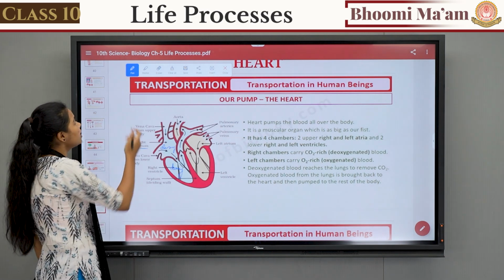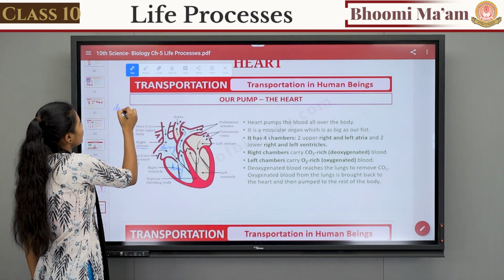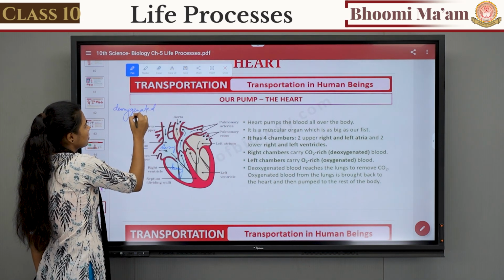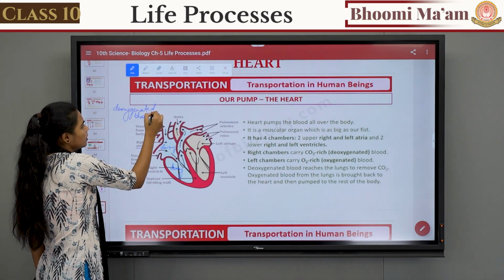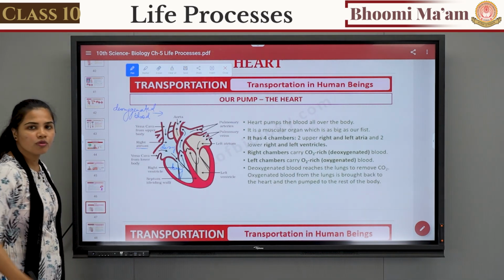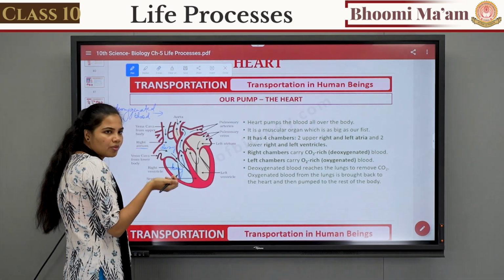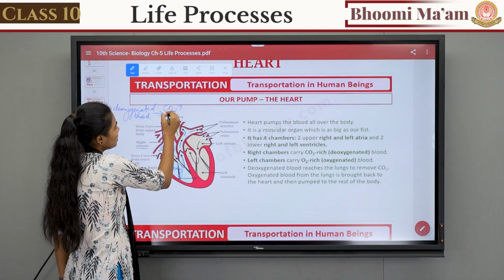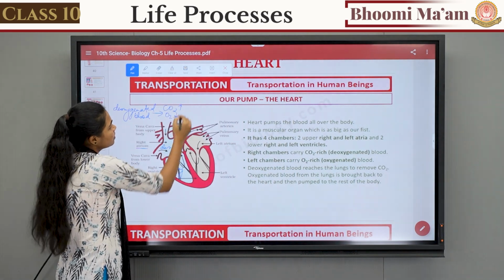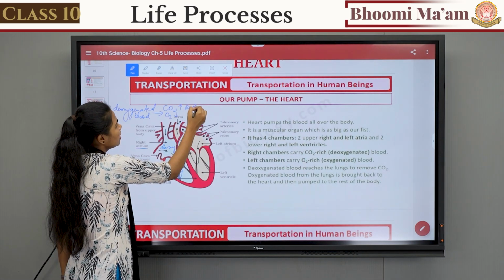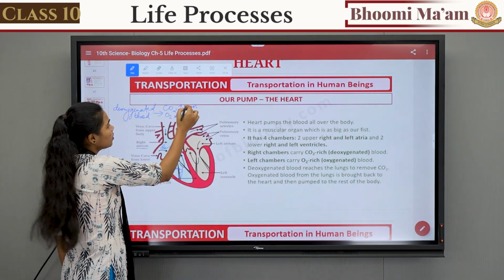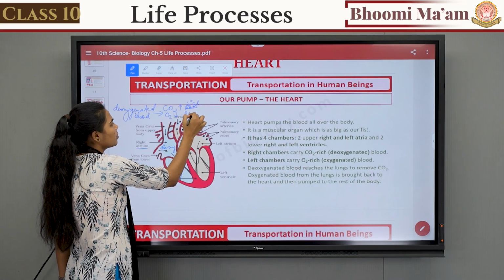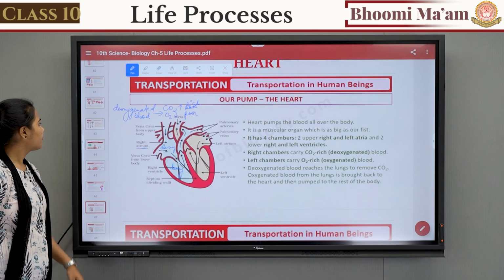Deoxygenated blood is the blood in which there is more amount of carbon dioxide and less amount of oxygen. Means carbon dioxide rich blood, and oxygen poor blood, right?